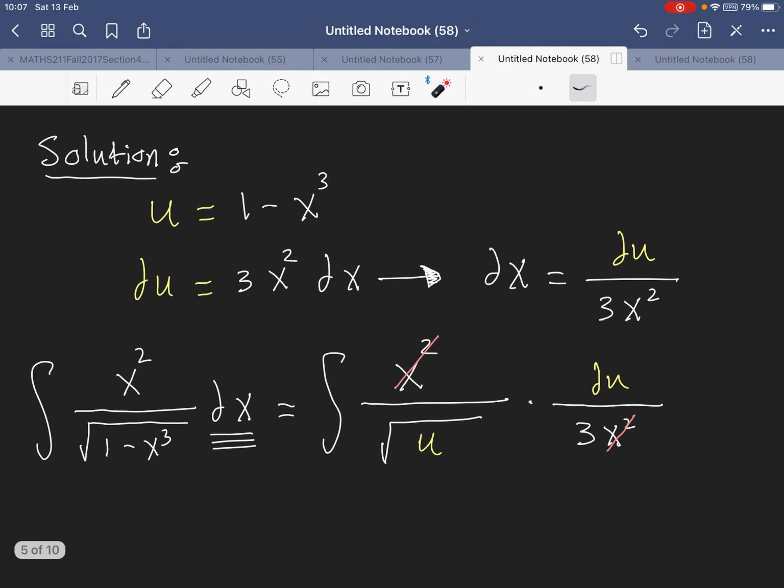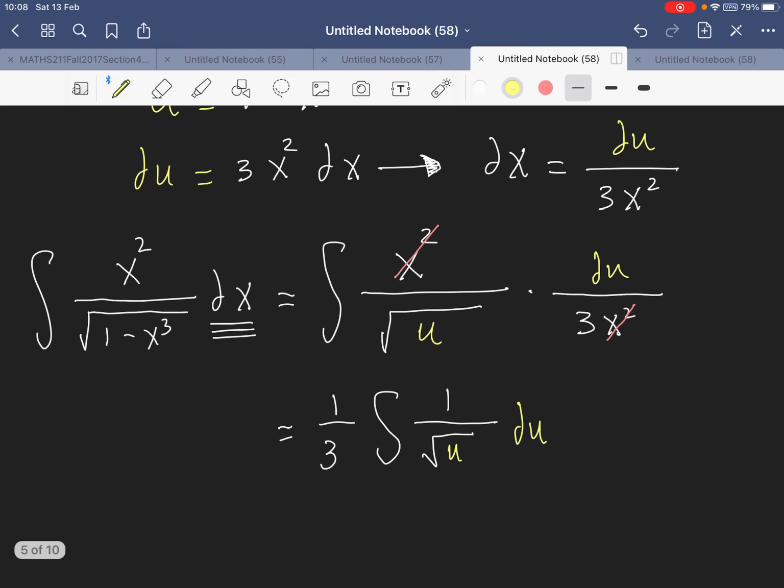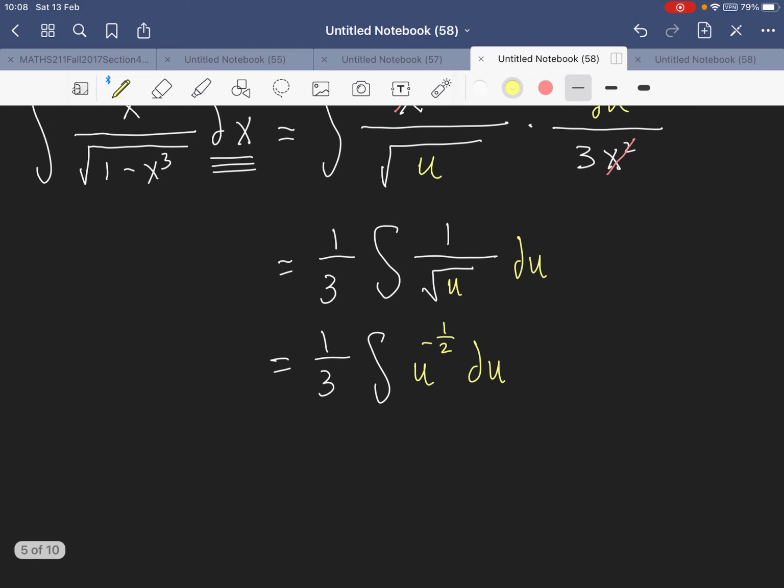So the next step will be 1 over 3 times the integral of 1 over the square root of u du. 1 over the square root of u du, we have to rewrite as u to the power of negative 1 over 2 du, and now this is a fairly easy integral.